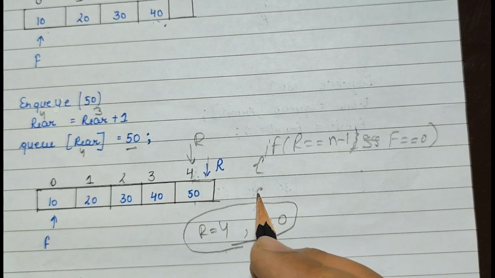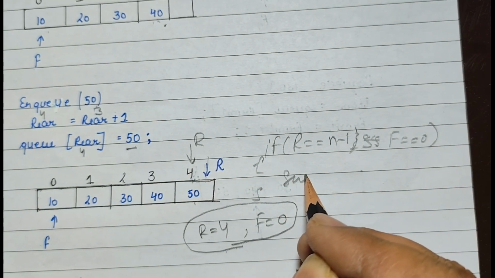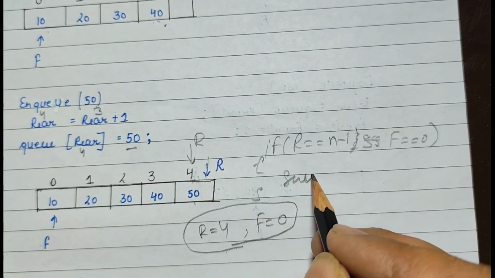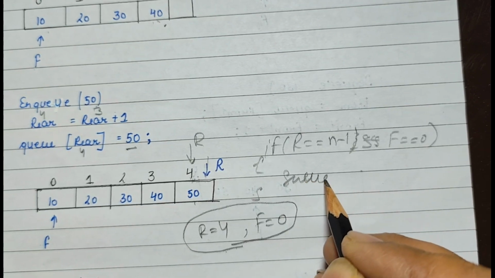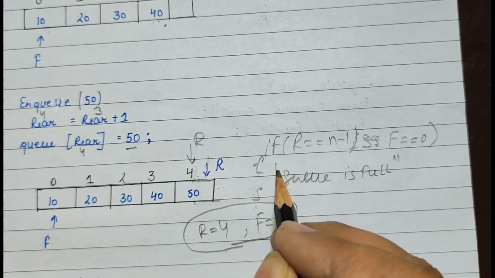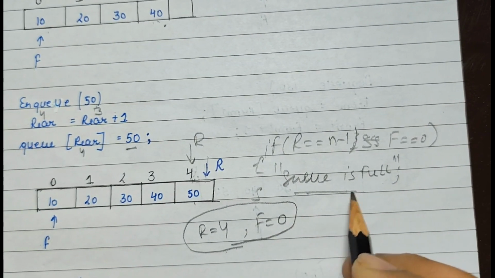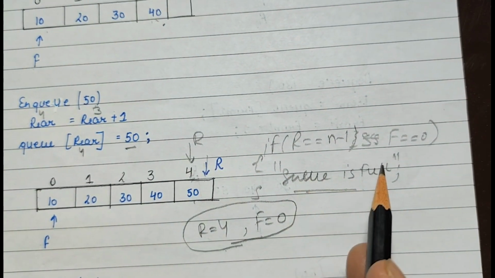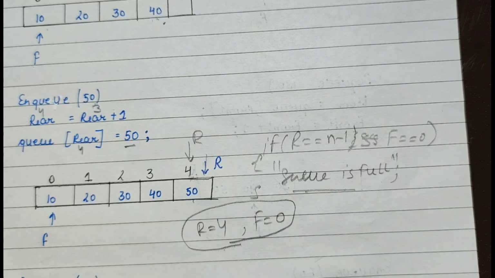If this condition evaluates to true, then you can print Q is full. This is just a message. You can print Q is full at that time. So this is the condition for checking whether Q is overflow or not.